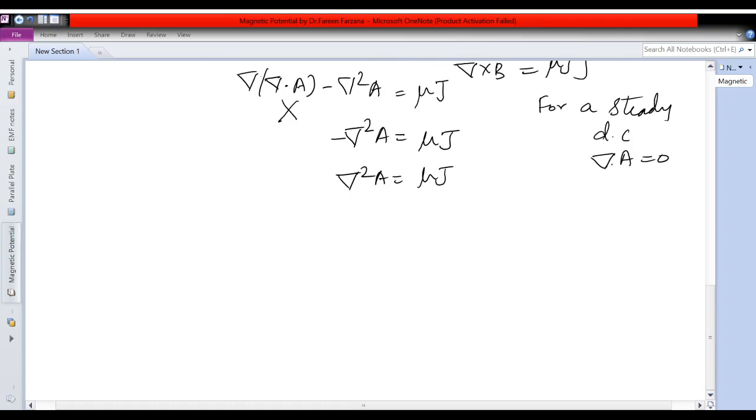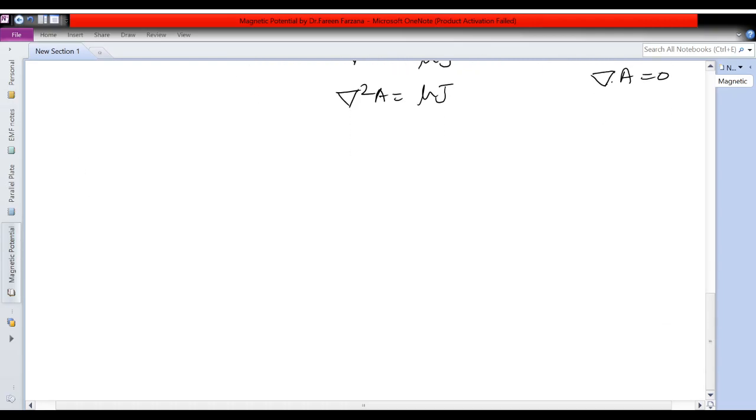Now I am going to write this elaborately. This is also A vector, and this is our J vector.